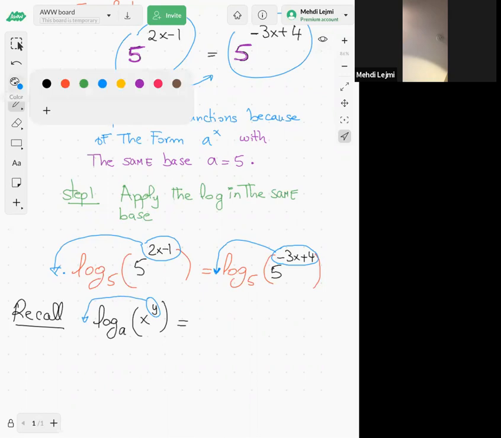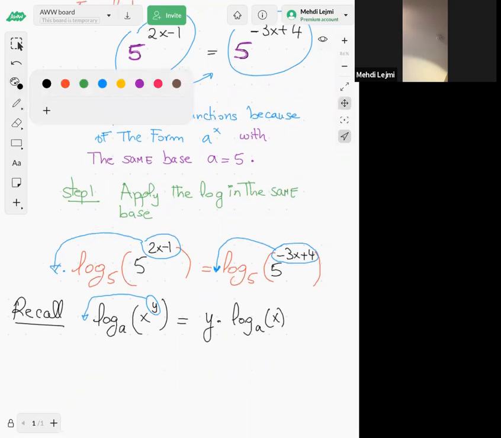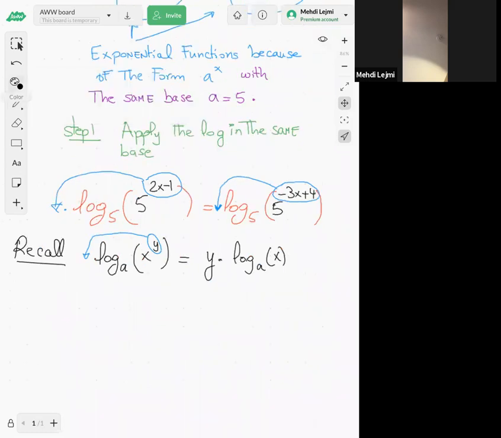So this is y times log in base a of x. If you have some exponent inside the log, you can always put the exponent in front of the log.